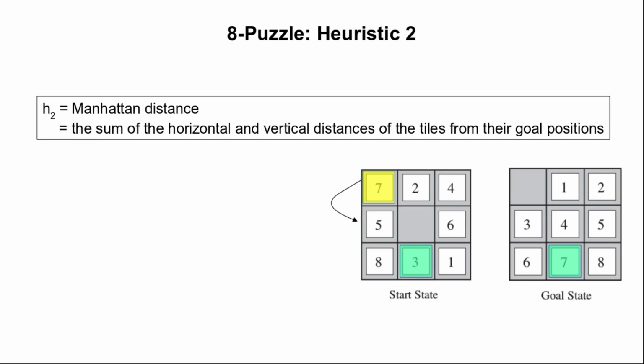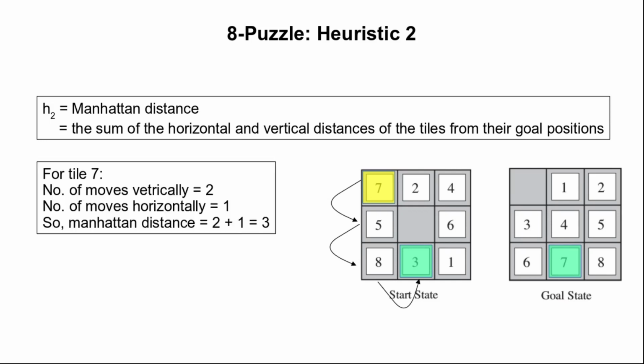So we need to move tile number 7 to its correct position, and to that we have to move the tile vertically twice and then horizontally one more time. So in total the number of moves vertically is equal to 2 and the number of moves horizontally is equal to 1. So Manhattan distance for tile number 7 is 2 plus 1, which is equal to 3.